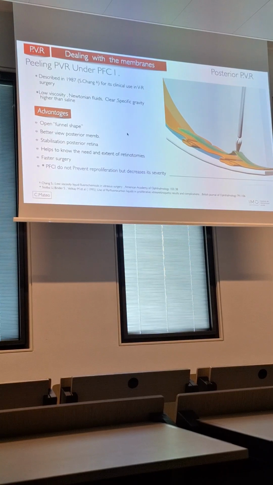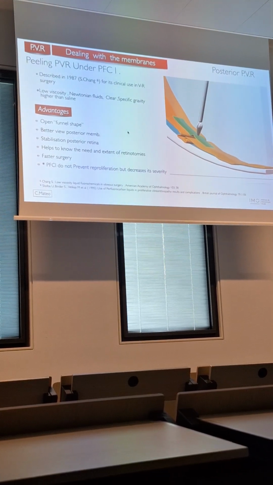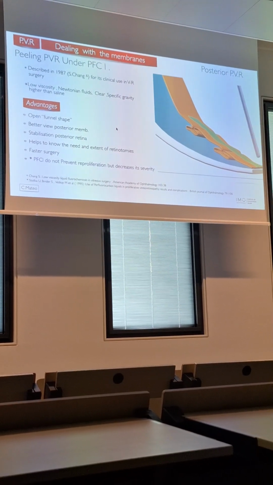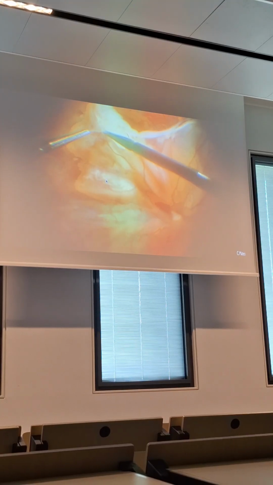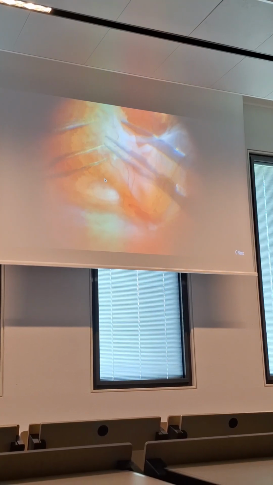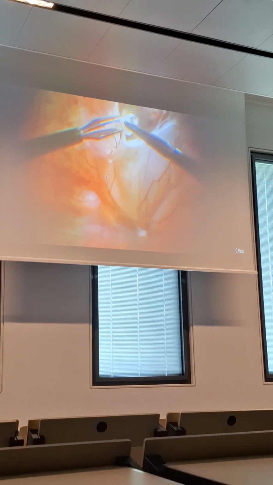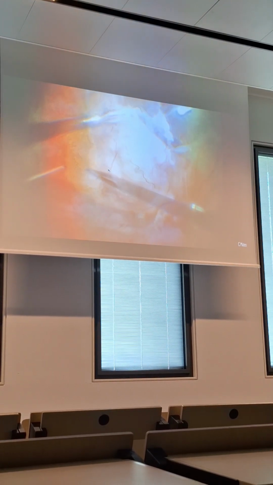Why? Because it was faster. At that time we didn't have dyes. If I do air, the air goes behind the retina. If I stain, all the dye will be behind the retina, and then it will be a total mess.